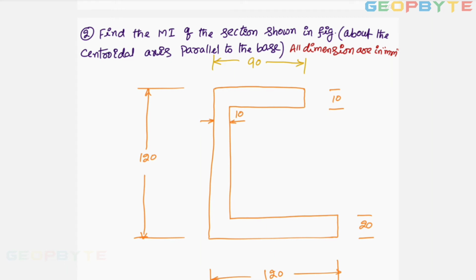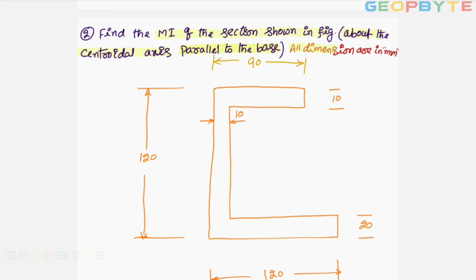Find the moment of inertia of the section shown in figure about the centroidal axis parallel to the base. This point is very, very important. You are asked to find the moment of inertia about the centroidal axis and parallel to the base.